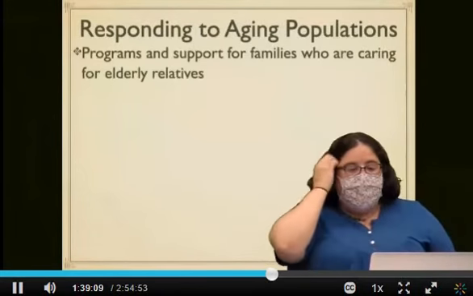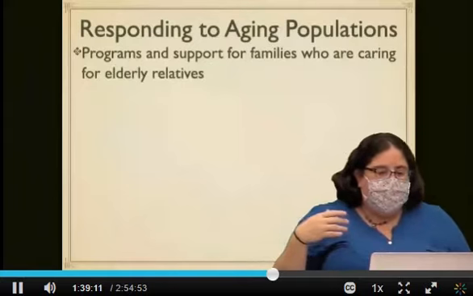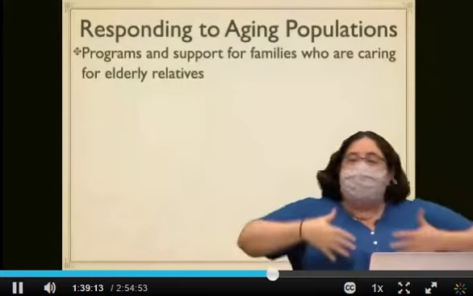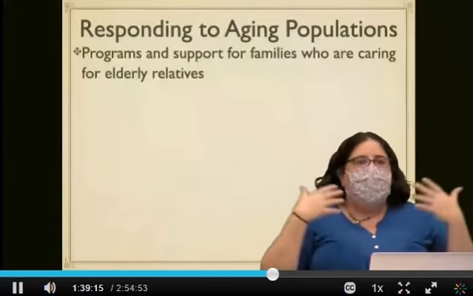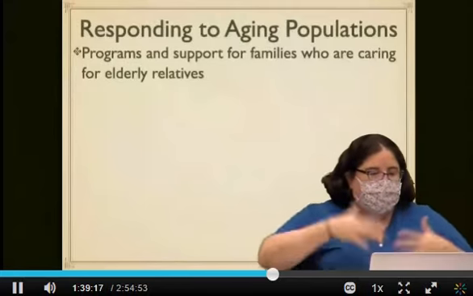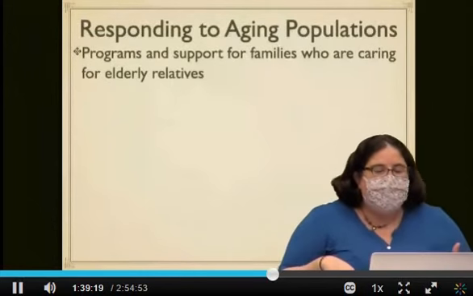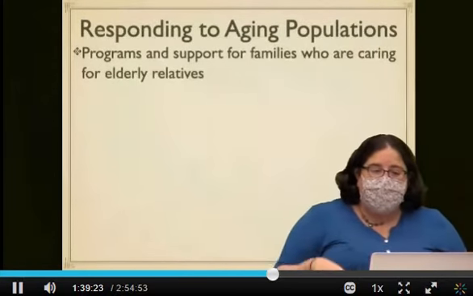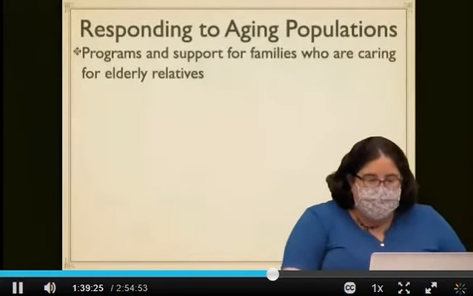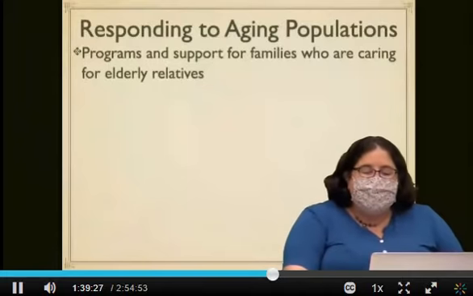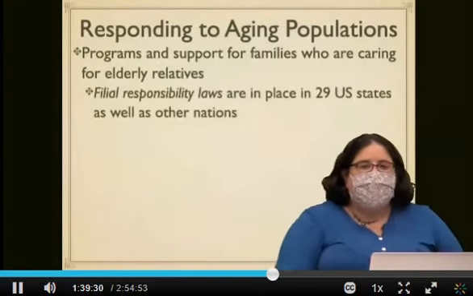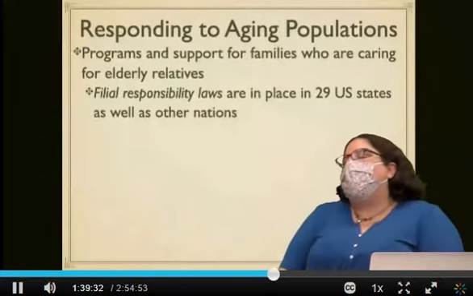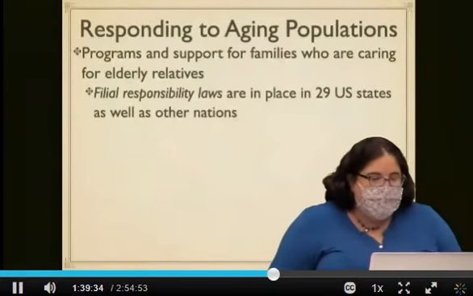Okay, so we also talked about how one of the problems is, caregiving can be very draining and hard for families, right, who have aging members. And so to improve on that, we need to increase our programs and support for families who are caring for elderly relatives. Twenty-nine of the 50 states in the United States have what are called filial responsibility laws.